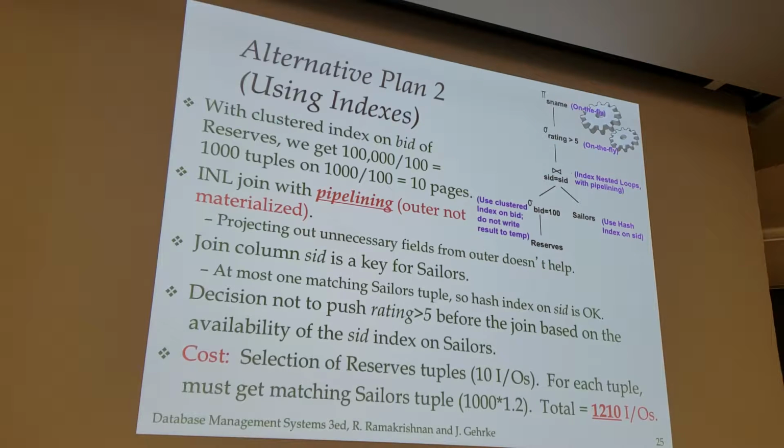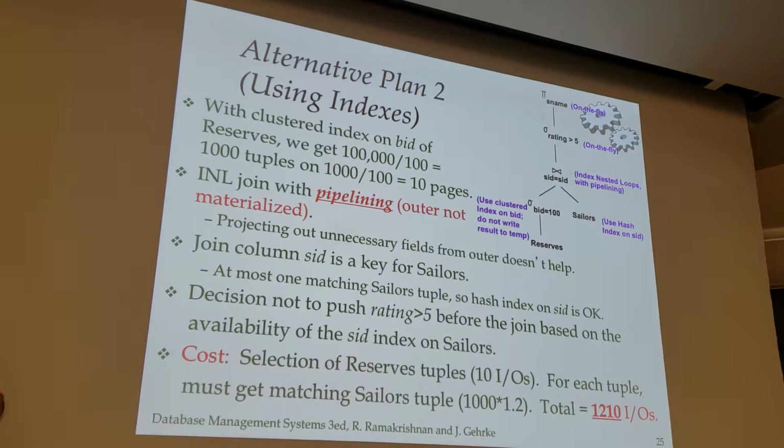So I'll bother creating the index because it'll save my cost of executing, and maybe when I'm finished executing my query, maybe I'll throw out the index, maybe I'll keep it around. It's one of these difficult decisions to work out. But you have a choice as to whether or not you create indexes even before you start processing the query. You don't have to take the world as it exists. You can change it for yourself.